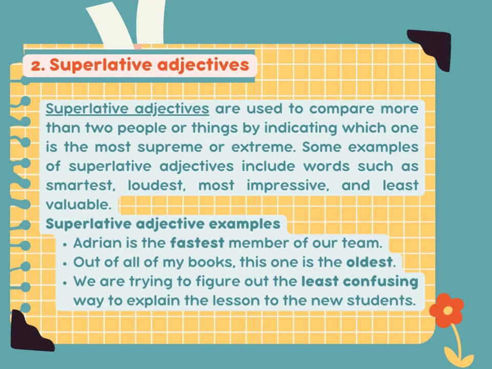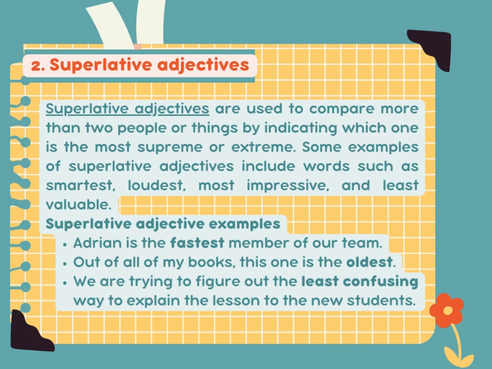Number 2. Superlative adjectives. Superlative adjectives are used to compare more than two people or things by indicating which one is the most supreme or extreme. Some examples of superlative adjectives include words such as smartest, loudest, most impressive, and least valuable.